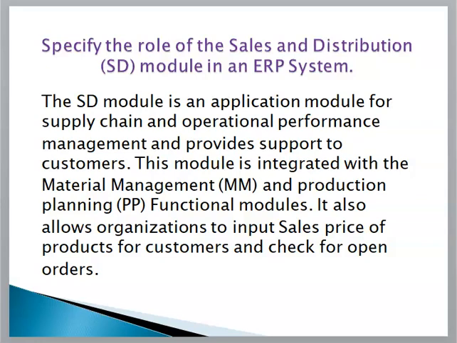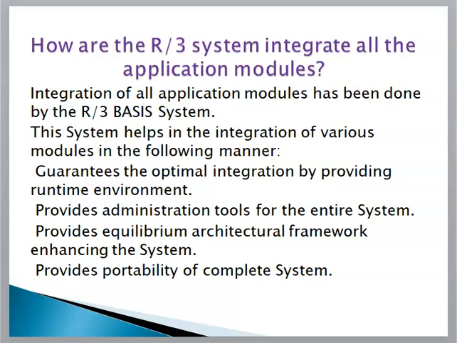It also allows the organization to... How does the R/3 system integrate all the application modules? Answer: integration of all application modules is done by the R/3 basis system. This system helps in the integration of various modules in the following manner.